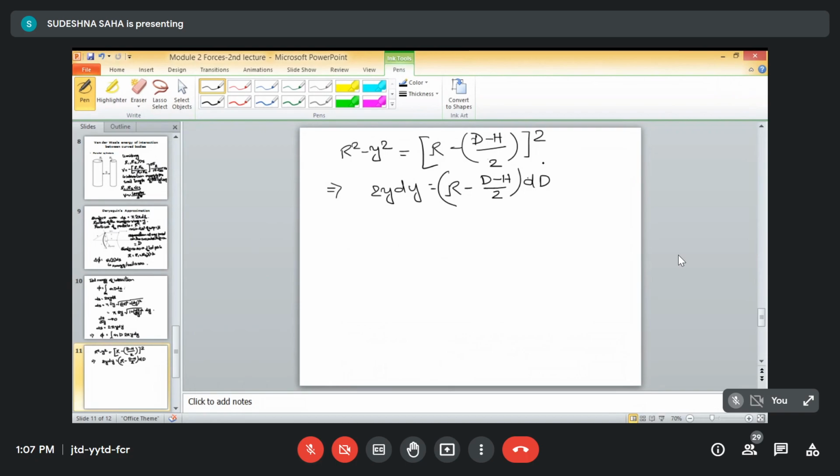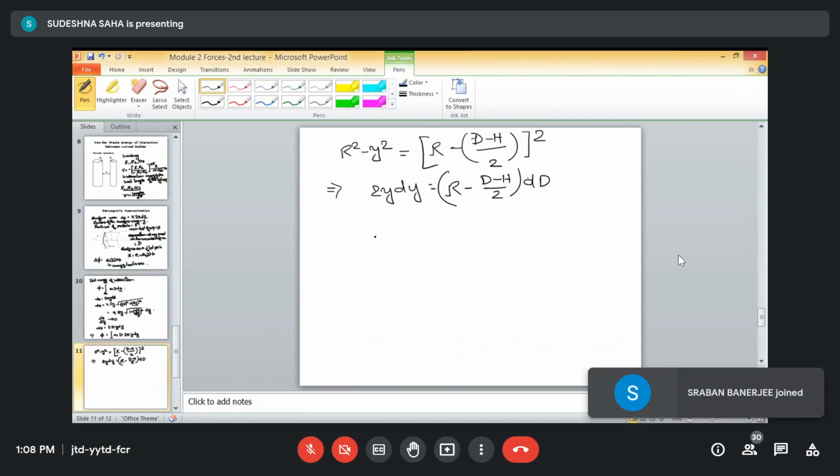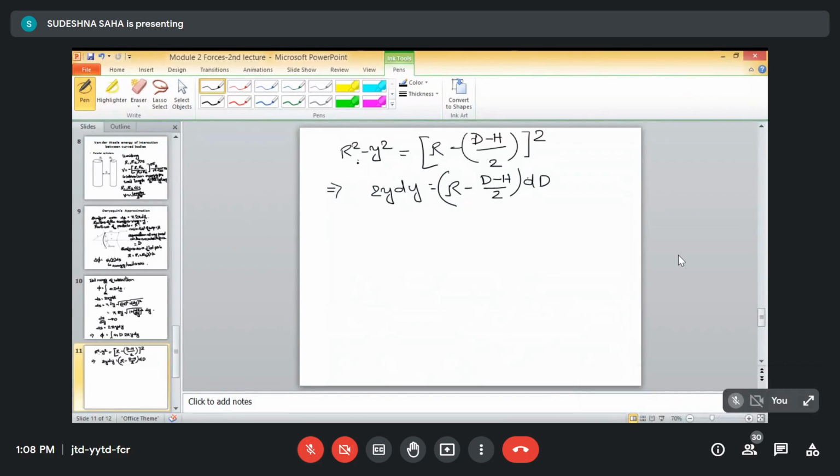Then further we can put r minus d minus h by 2 as r square minus y square. So it will become r square minus y square into dd.